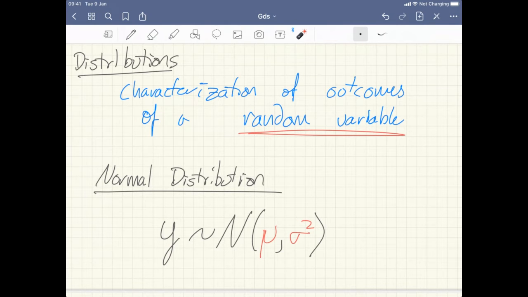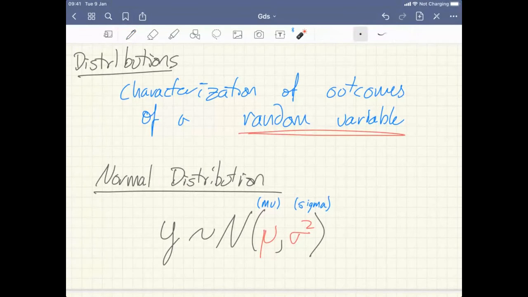So when sigma squared is really small and we observe y over and over and over again, it'll be close to mu. By the way, just for the people that aren't good with Greek, this is mu, and this is sigma. Okay?